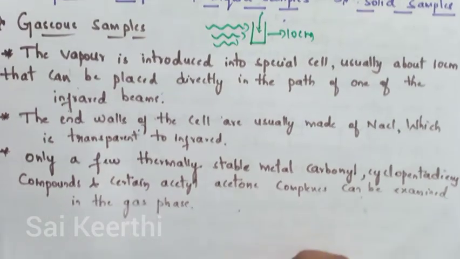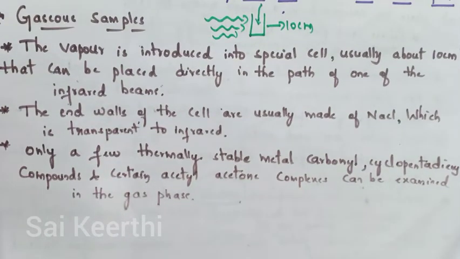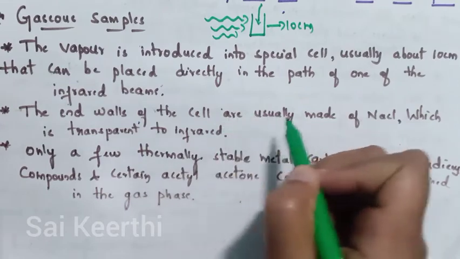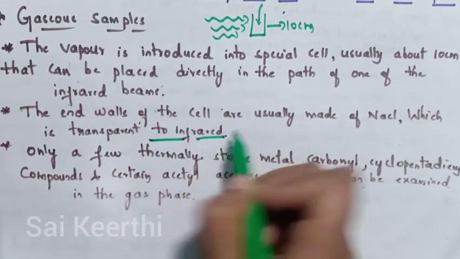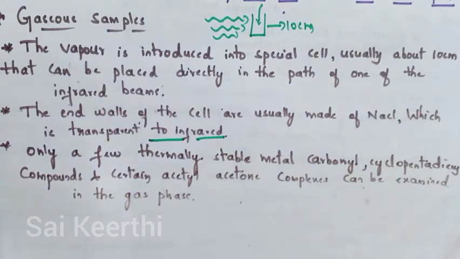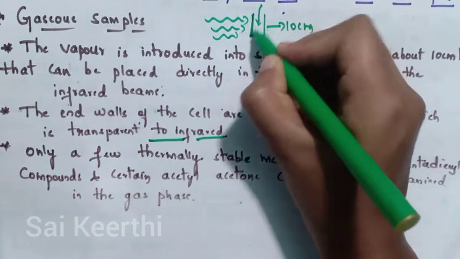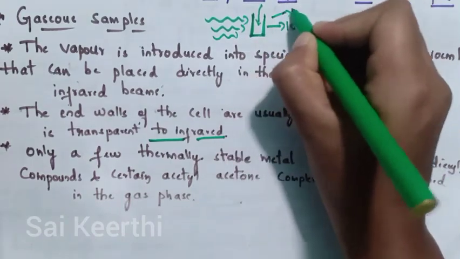The other important point is that the end walls of the cell are usually made of NaCl, which is transparent to infrared. I have already said that NaCl is used because it is transparent to infrared radiation. So the end walls of this cell are made of NaCl.